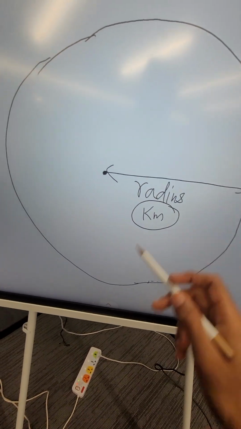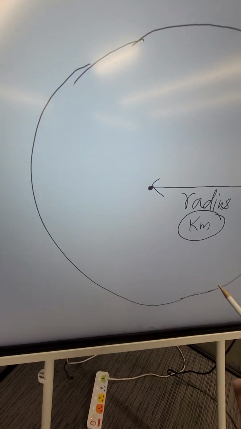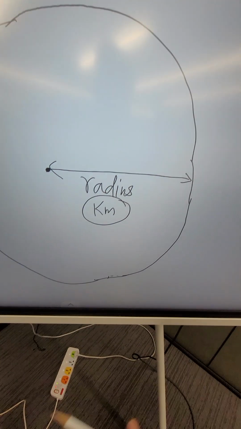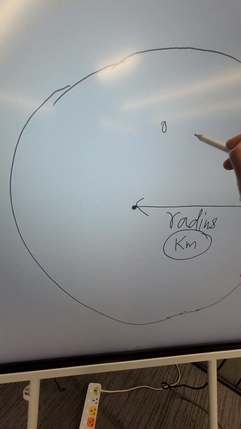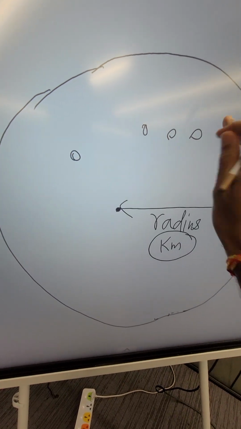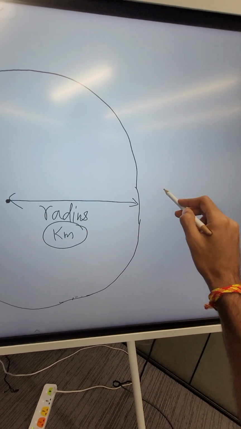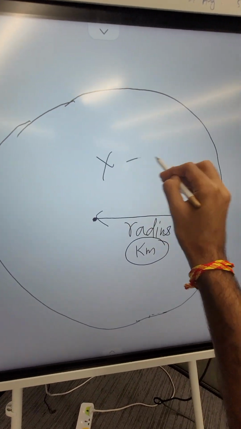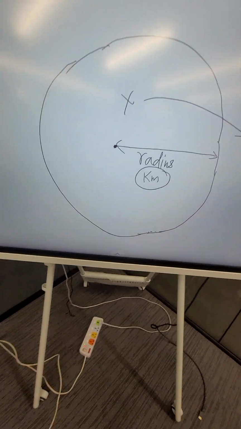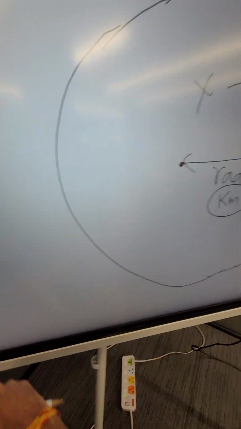For a given bomb, if the expected blast radius is, say, 10 kilometers, they will move every person out of the blast radius, from here to here. That's the idea of blast radius in the real world.